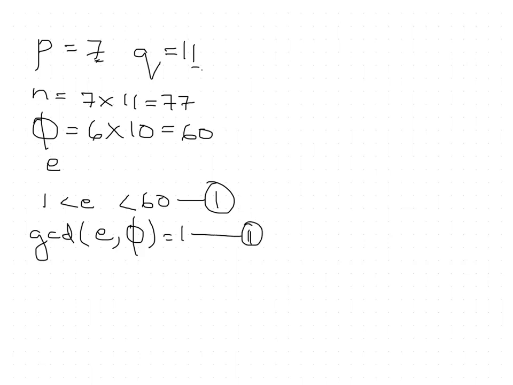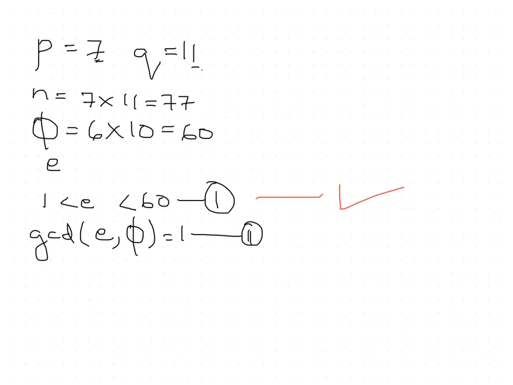Now GCD, greatest common divisor, means the highest number that divides both e and phi. So suppose for now I'm choosing e as 5. If I choose e as 5, it will satisfy the first condition, right? Because it is between 1 and 60.